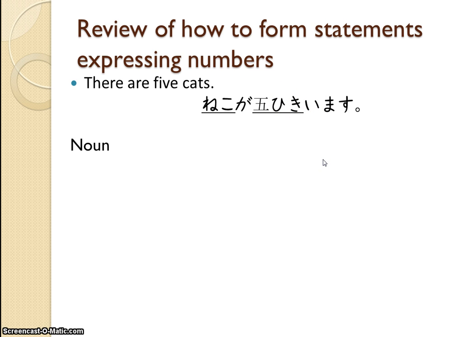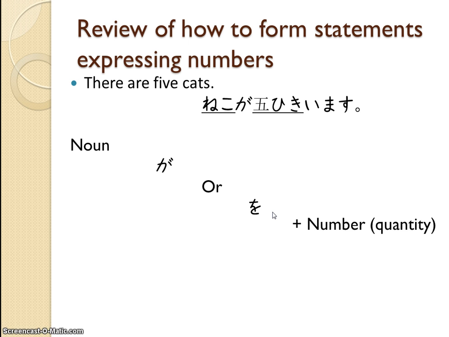Now, the simple formula for forming number statements would be noun ga, or you could use o. Now this is based on the situation. If it is the focus of the statement, then you use ga. Remember, ga replaces wa. In certain sentence formats like imasu or arimasu, you would use ga versus o.